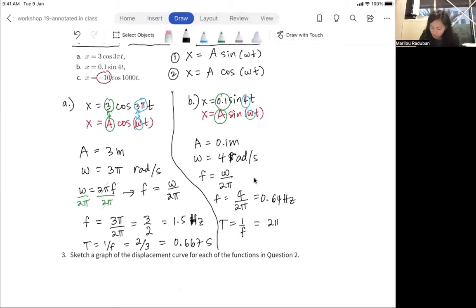So that will be 2 pi over 4, or 1 divided by 0.64. It's not 90 seconds, it's 1.57 seconds.